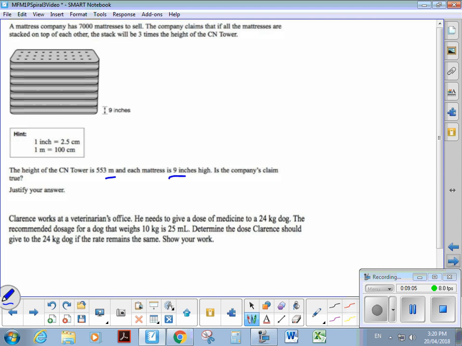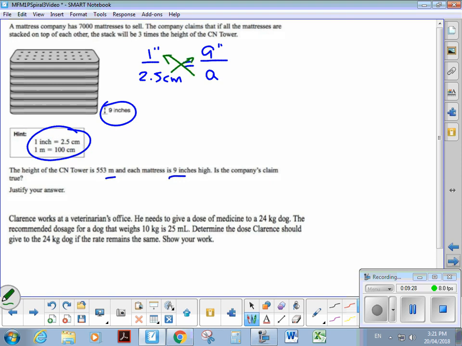So they give us a scale here. Let's get rid of this 9-inch thing. So we know that 1 inch is 2.5 centimeters. Now we got 9 inches. So we want to know how many centimeters that is. So we'll call that A. We do our cross multiplication here. The nice thing with this, 1 times A. So it's just A equals 9 times the 2.5.